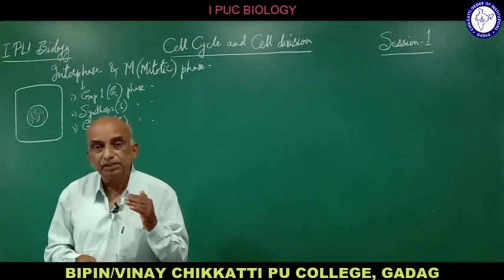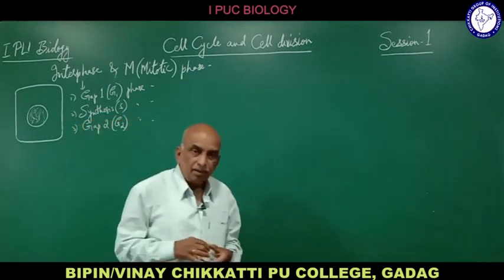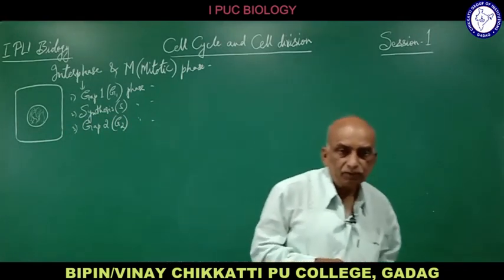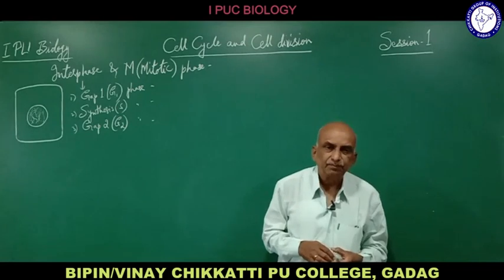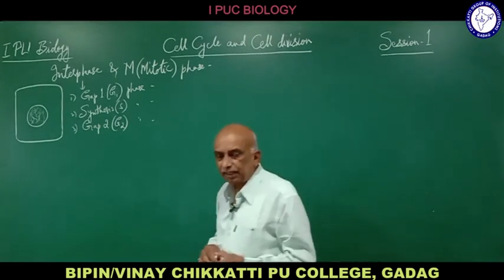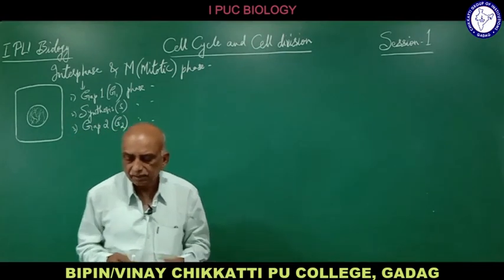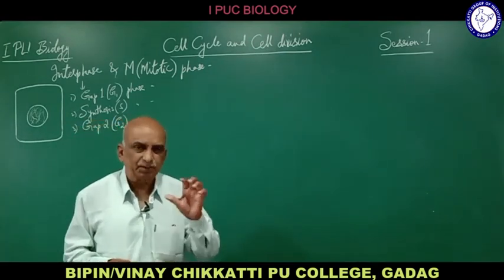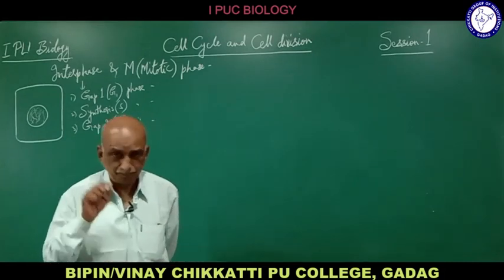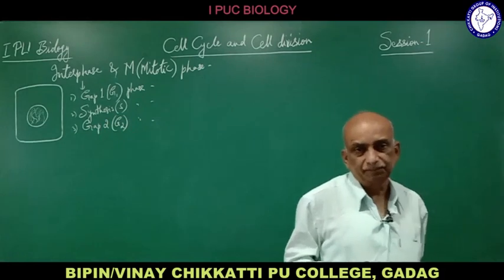So the cell becomes metabolically active, and thus the cell will grow to its maximum size. That is the first phase, where the G1 phase takes place. And also during this phase, proteins and RNA are synthesized. All these three steps are actually very short, but they are specific to certain functions.